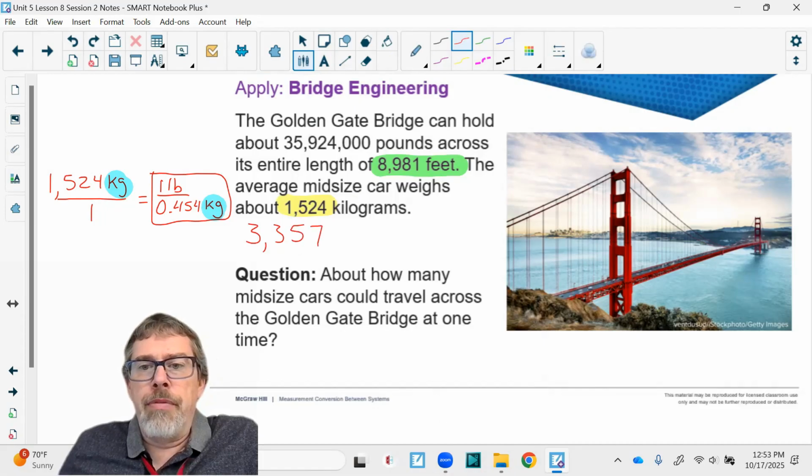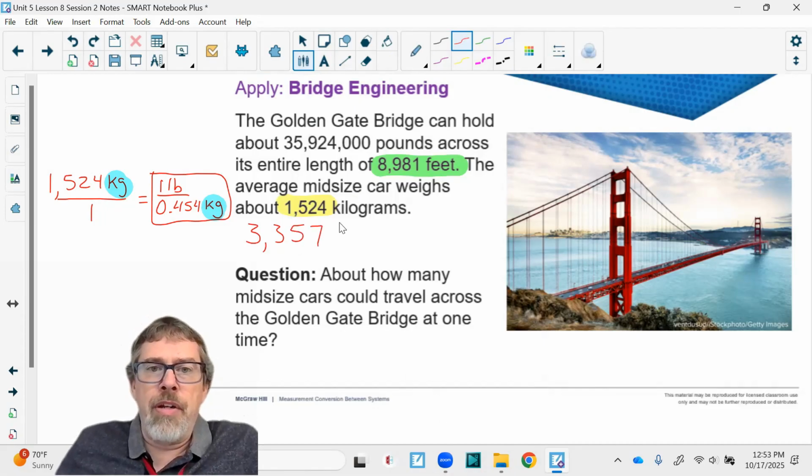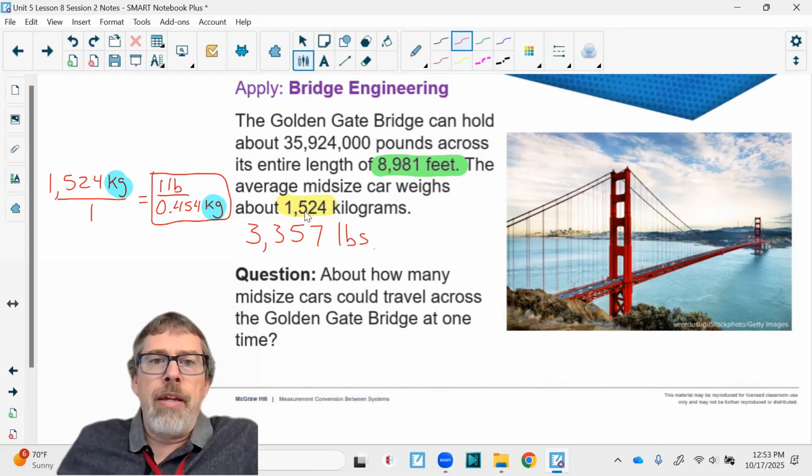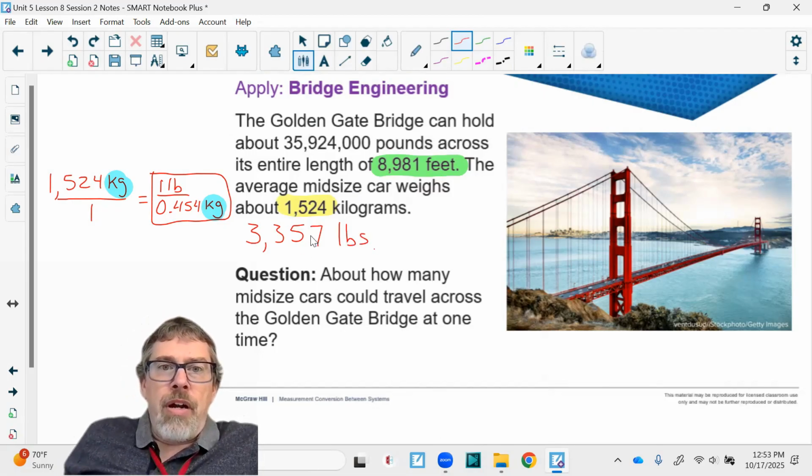Did I do that right? 3,357 pounds. Okay, so that is what a car weighs in pounds. So this was in kilograms, but this was in pounds, so we had to get it all in one unit of measurement. And now we have to take that 35 million and divide.